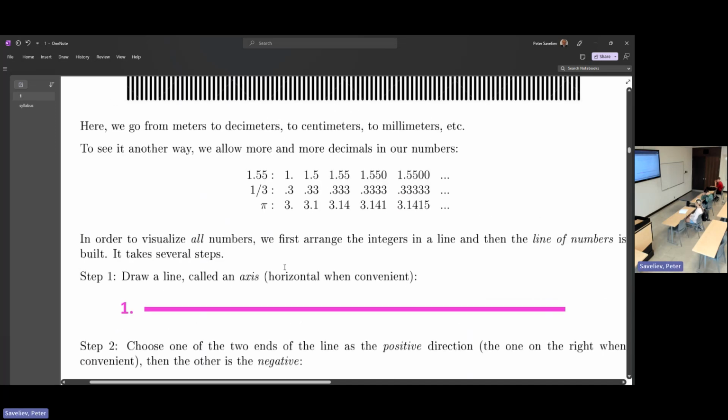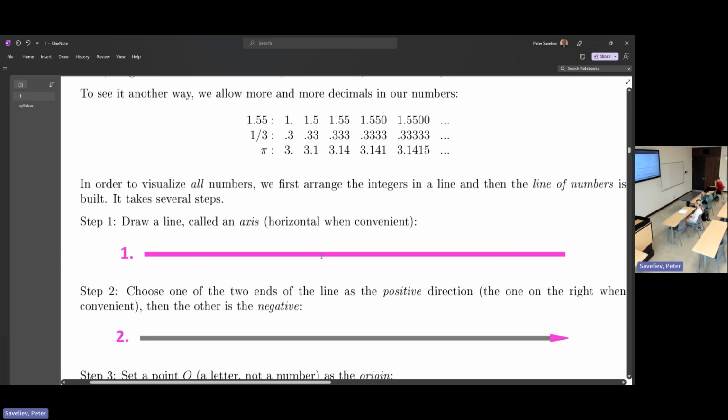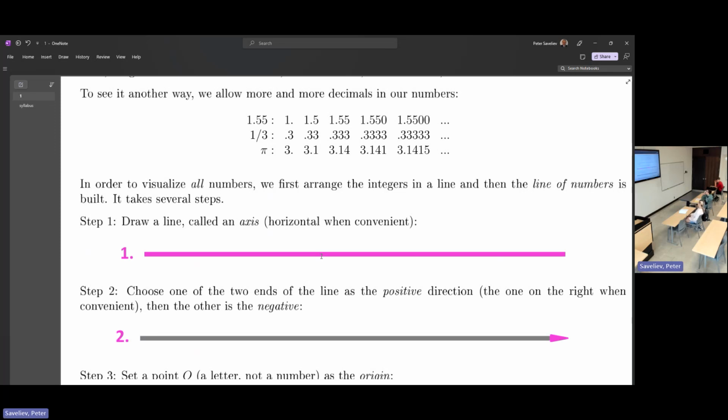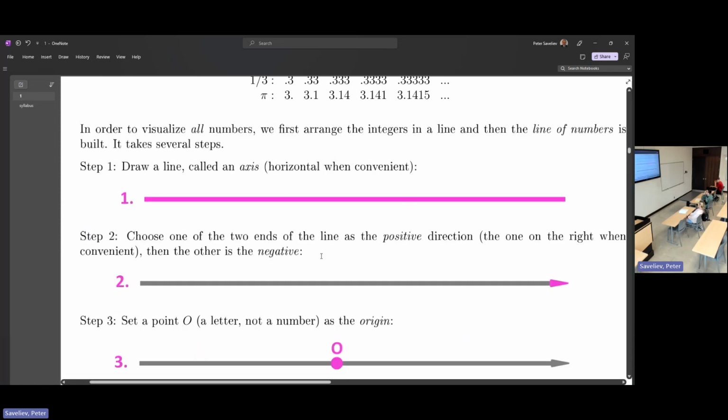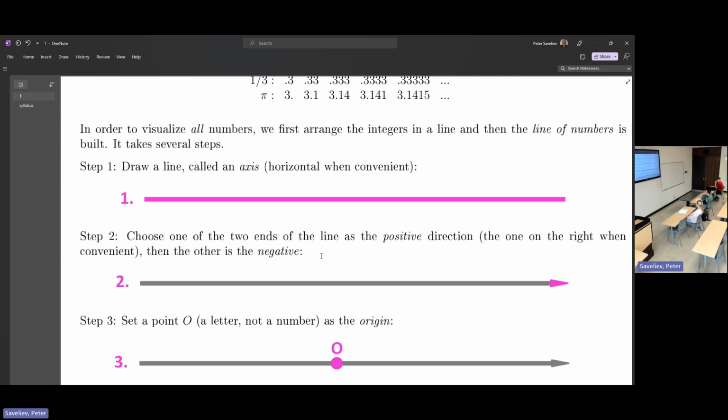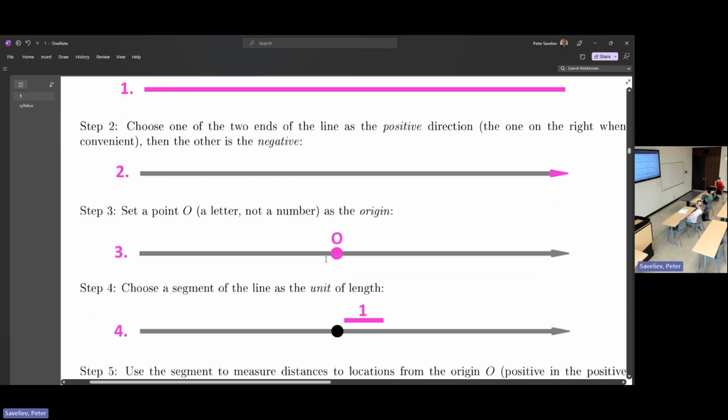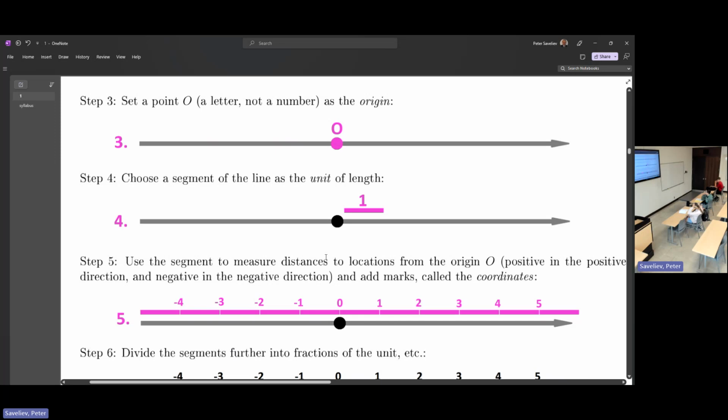So that's the line. Let me build the coordinate system for the line. This is the line first. Then I put an arrow on it to have direction. That will be the positive direction, and the opposite will be negative. I insert the origin, from which I start counting, or rather measuring, not counting anymore. Then I choose the unit of length, and I start measuring to the left and to the right, and I insert milestones on my line.